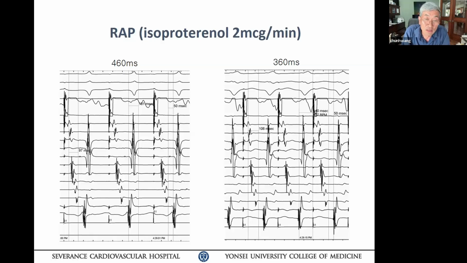Because when I look at it by eyeballing, I could be wrong. But if you look at the CS EGM, 1, 2, 3, 4, the ventricular EGM, LV EGM, left ventricle, CS. Look at the CS now. It's 360, 3, 4 again. Completely different. So what does this favor?